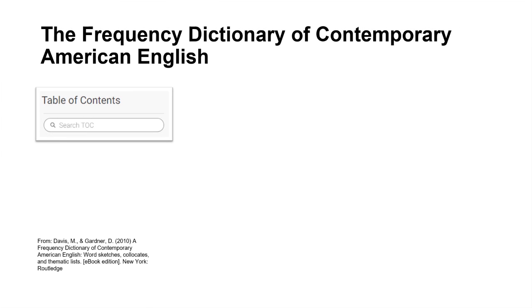To give a specific example, the e-book, the Frequency Dictionary of Contemporary American English, uses a search bar by which the user can search the set of 5,000 most frequent words in American English.